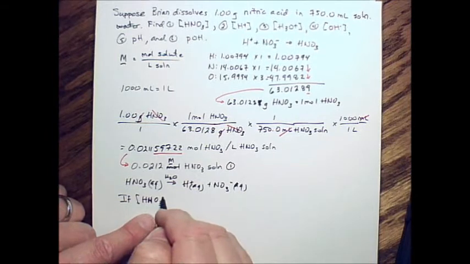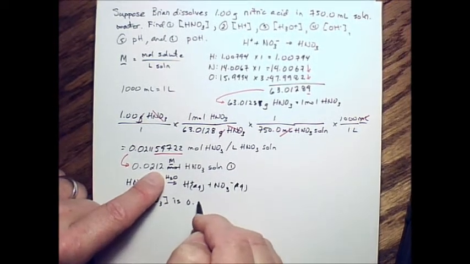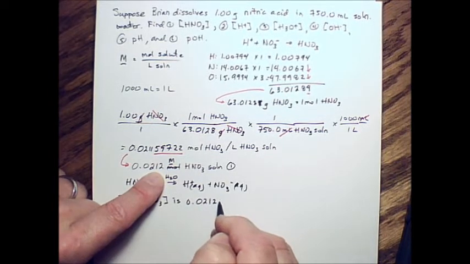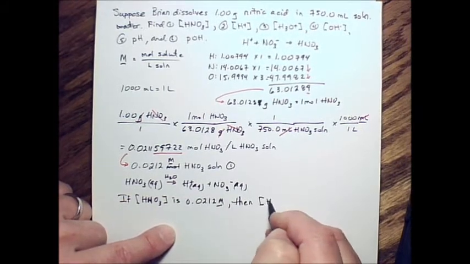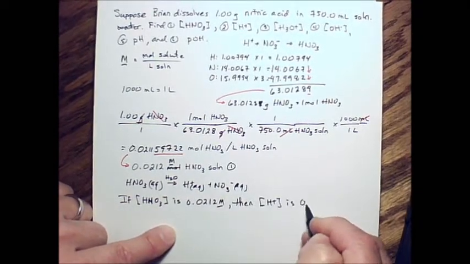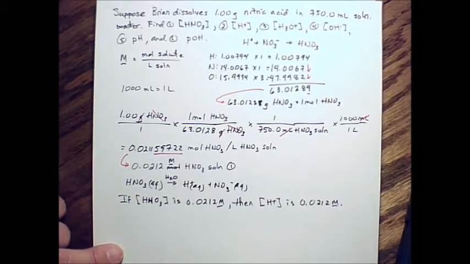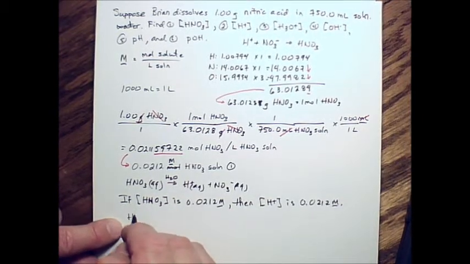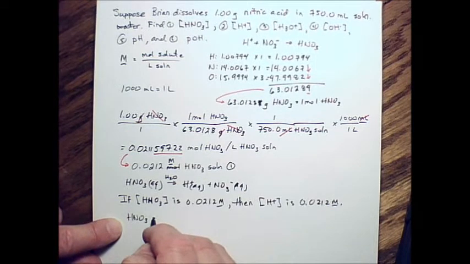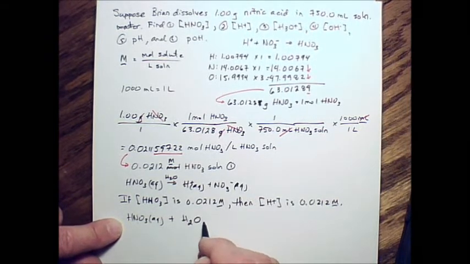So if the concentration of HNO3 is 0.0212 molar, then the concentration of the hydrogen ion is 0.0212 molar. So this is Arrhenius. Bronsted-Lowry says if we take HNO3 and we dissolve it in water, we're actually going to move that hydrogen ion to something, in this case a water molecule.